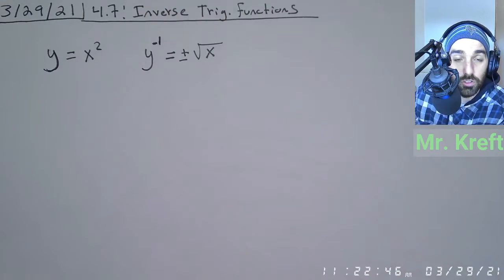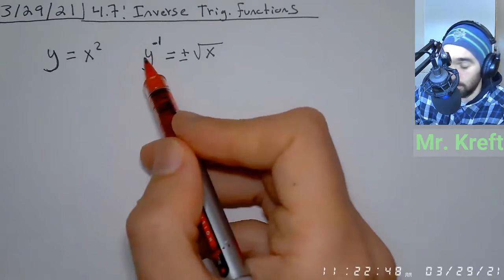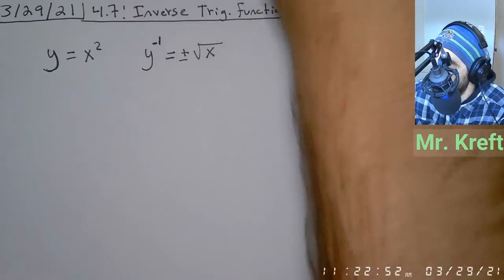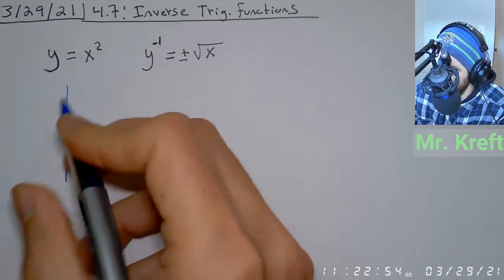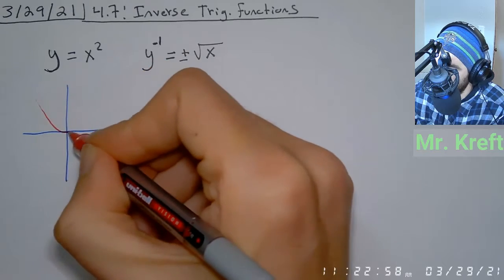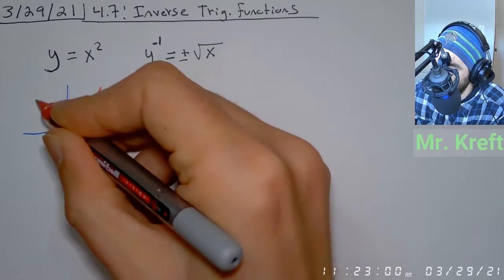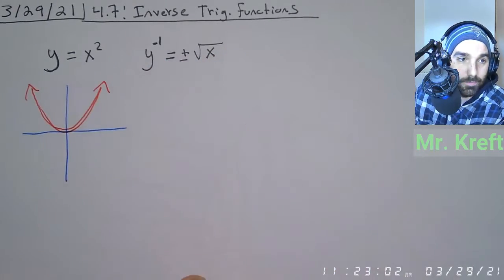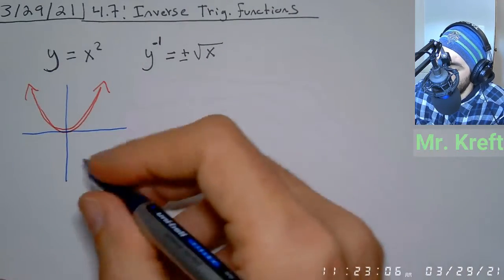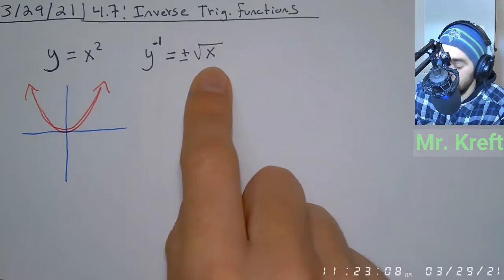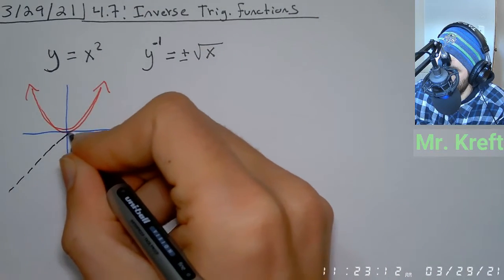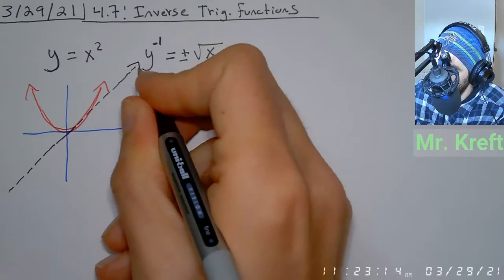So another thing I want to talk about is we've seen inverses before. Geometrically, right? So if I have a function, okay, so let's just stick with this. So let's say I have x squared, or something that looks like x squared. Then what an inverse is geometrically is, let's see if I can draw this.